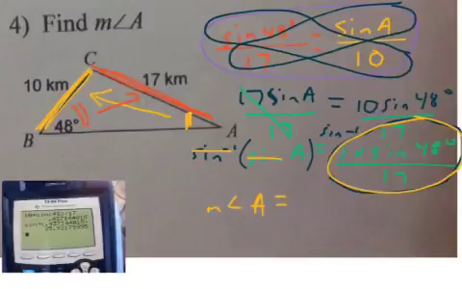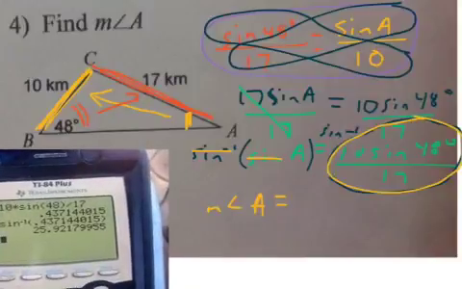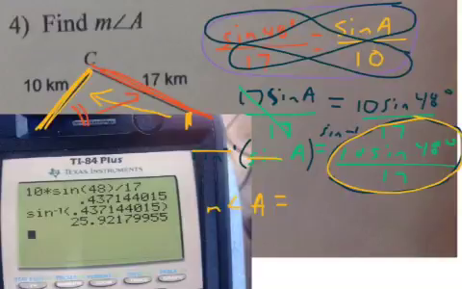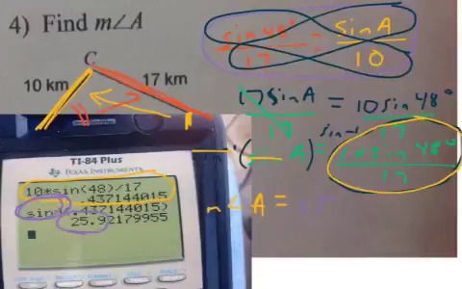And let's see here. If I go to my picture now and I enlarge it, you will notice in my calculator here, I did 10 times the sine of 48 divided by 17. And then I took my answer, and notice right here in purple, I took the arc sine or sine inverse, and that, ladies and gentlemen, tells me that the measure of angle A is 25.9 degrees.